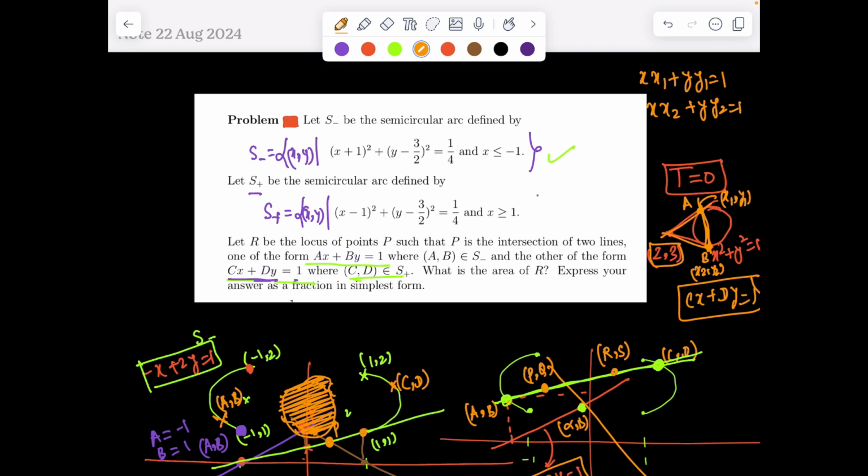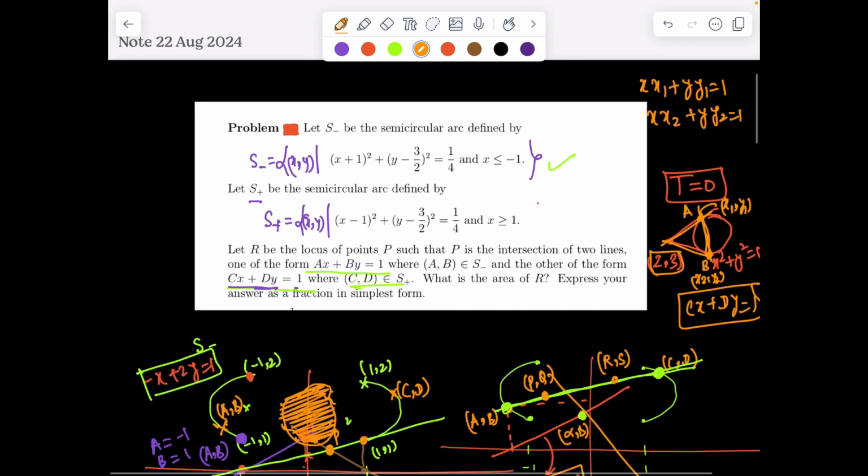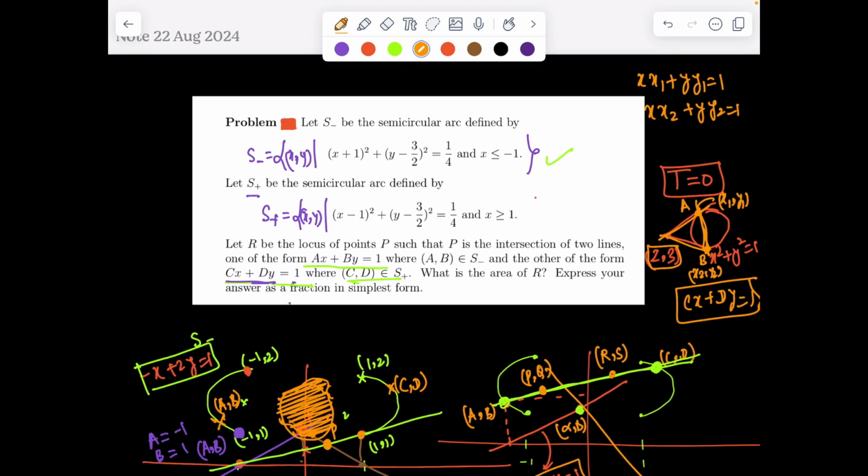Now the crazy thing is, since 2 comma 3 lies on both of these tangents, it must satisfy both equations. Hence 2x1 plus 3y1 is 1 and 2x2 plus 3y2 is 1. Now look at these two equations carefully.